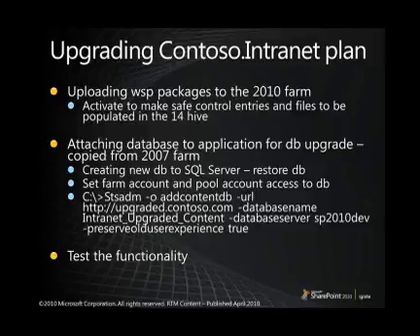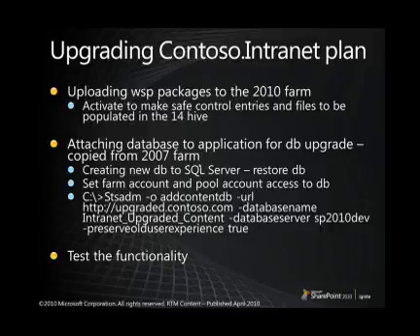The following step was to take a database backup from the SharePoint 2007 farm using standard SQL Server enterprise tools, and then create a new database in the SharePoint 2010 farm and restore that backup over it, which meant that within our SharePoint 2010 farm we now had the content database from the 2007 environment.